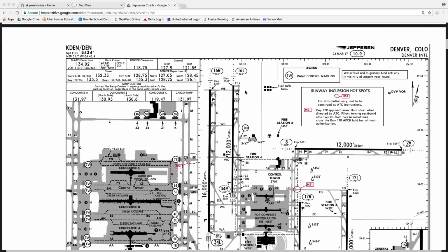So this is standard temperature at sea level, and then this is our corrected temp for field elevation.